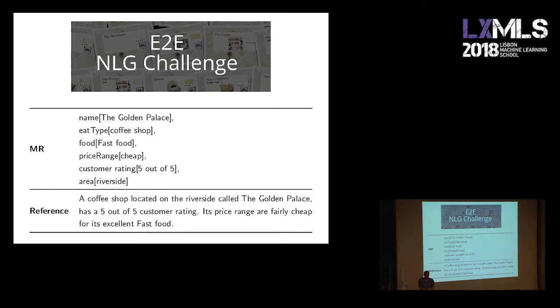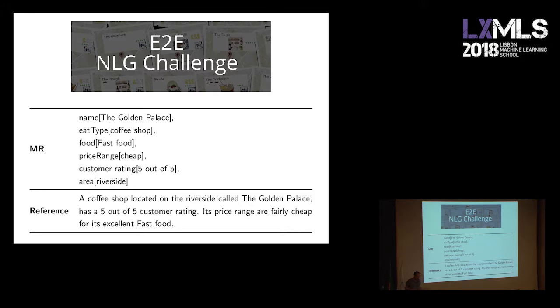In this shared task, they gave everyone a set of meaning representations. These will be things like the name of a restaurant, the type of food, the price range, or the area. And then a set of reference sentences that consisted of people writing about the restaurants themselves. So the goal is, take this information in, produce this type of reference out.